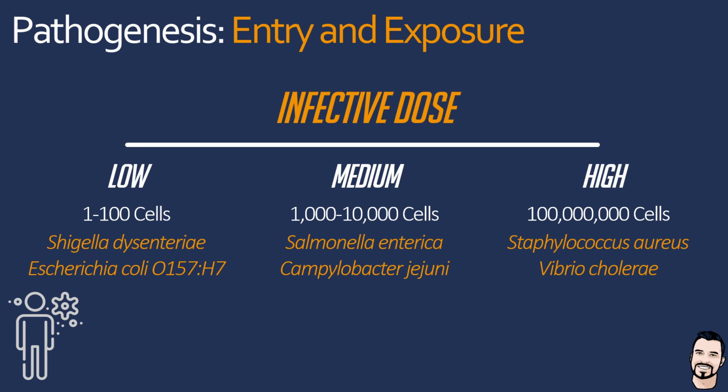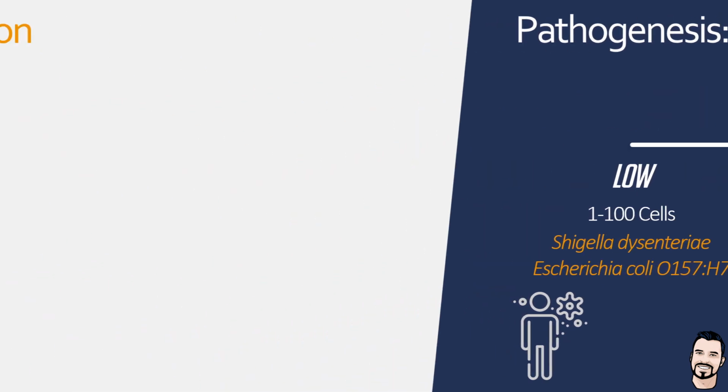Now importantly, infective dose is context dependent. Vibrio cholerae requires a much lower dose when stomach acid is reduced, such as if the host was using antacids, whereas some E. coli strains that lack the key virulence factors, such as O157:H7, tend to require a much higher dose.